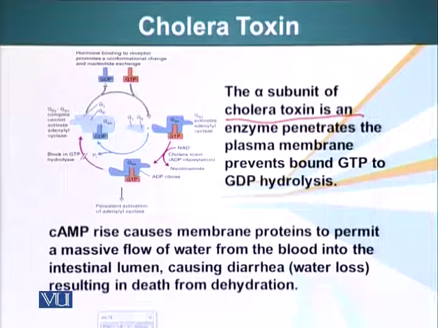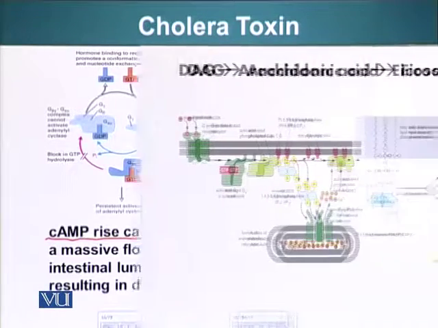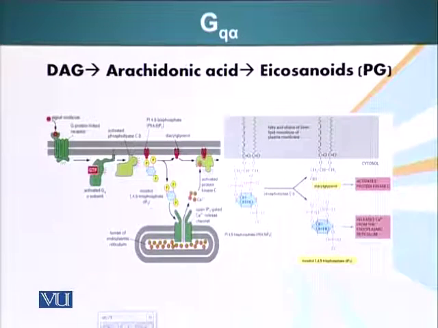This basically results in a rise of cyclic AMP. With cholera toxin, the net result is a rise of cyclic AMP in the membrane proteins and a massive flow of water from the blood into the intestinal lumen, which causes diarrhea and water loss, which can ultimately result in death.